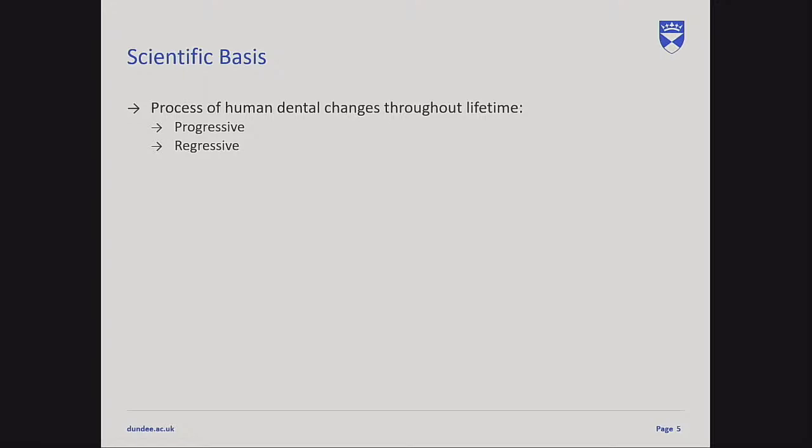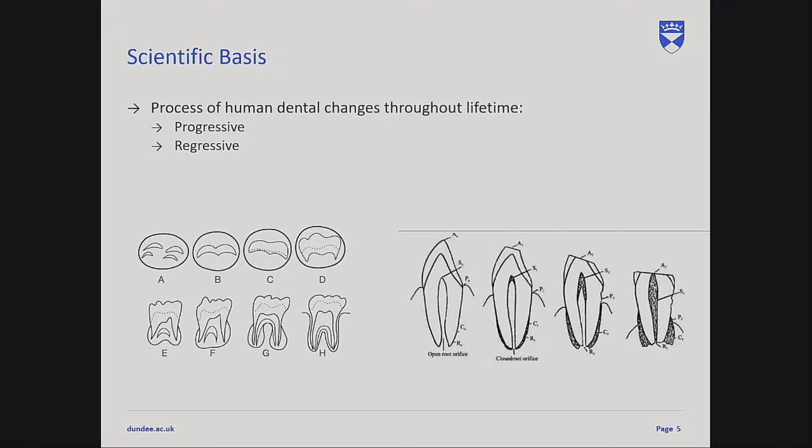Our dentition is like that. If I can give you an example here, how do I use the pointer? So on the left side, it's the progressive change of our tooth, and on the right side, an example of how our tooth is regressing over time.